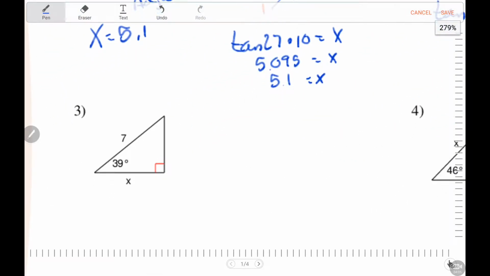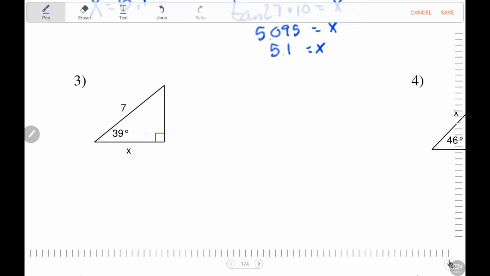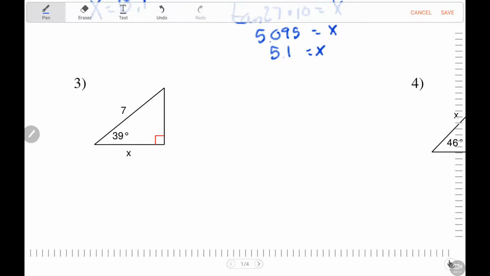So this one's a little different. The angle is still starting in this spot here, but we're going to label our sides a little differently. Remember, the side straight across from the right angle is the hypotenuse. This side directly across from the angle is the opposite side.